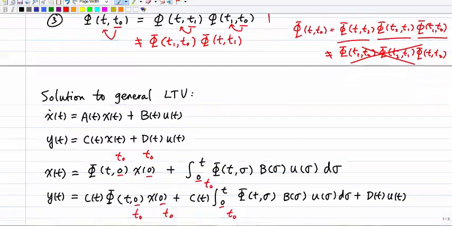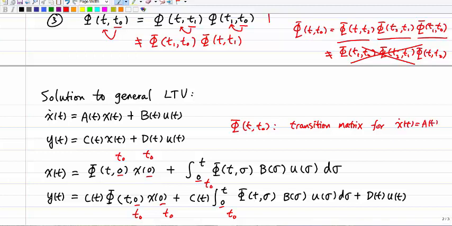Assume here phi of t, t0 is the transition matrix for x dot t equals A t x t.